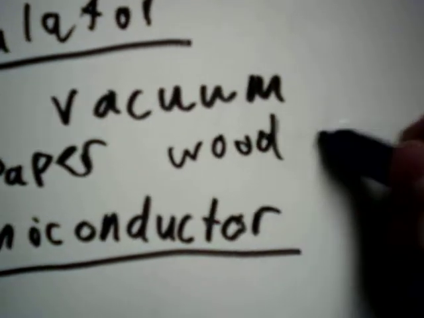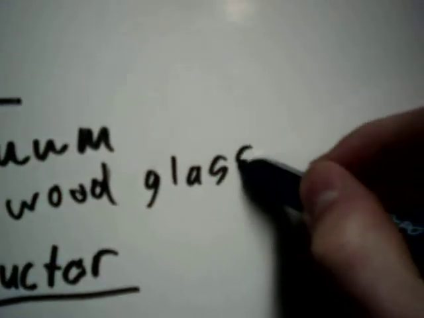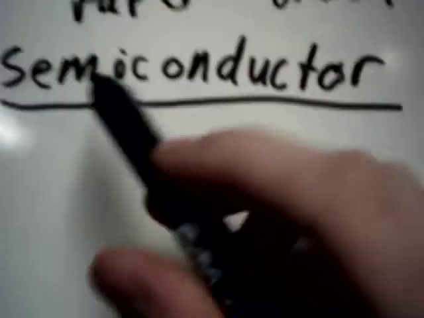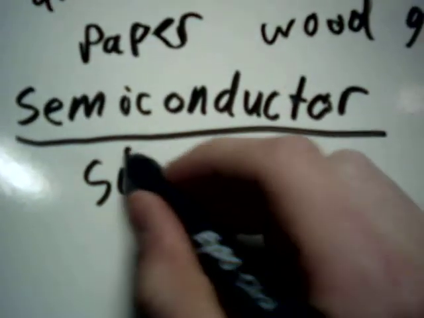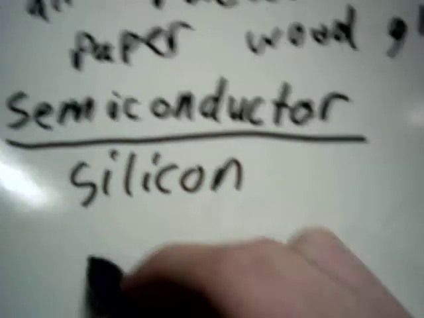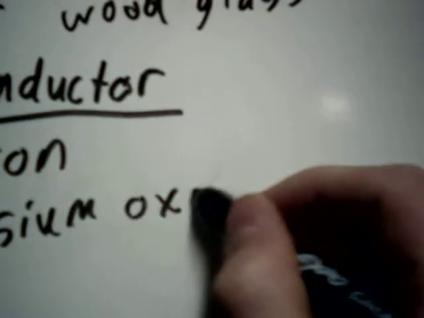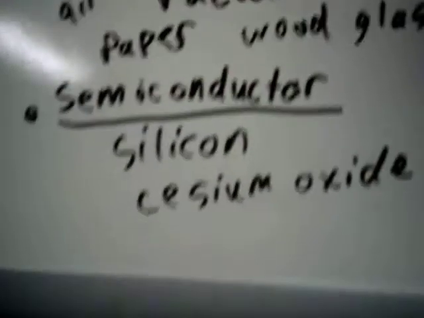The last one is a semiconductor. That's things like silicon and cesium oxide. Semiconductors only conduct given a certain criteria.